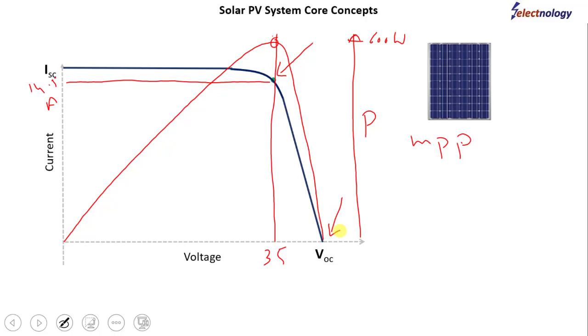This is the open circuit voltage, and obviously this is the point where the current is zero, and at this point obviously the voltage is zero.